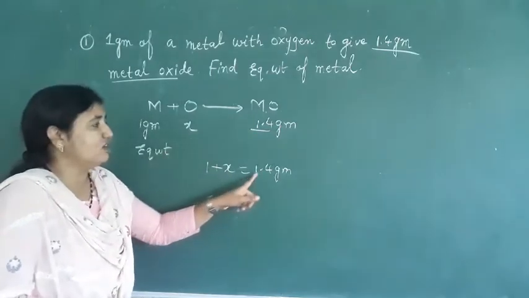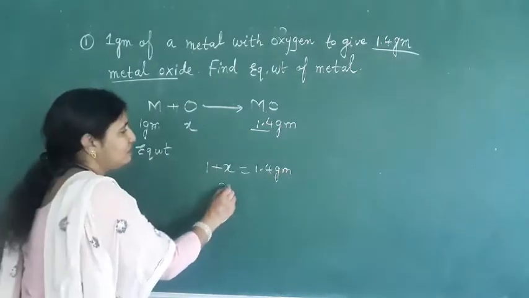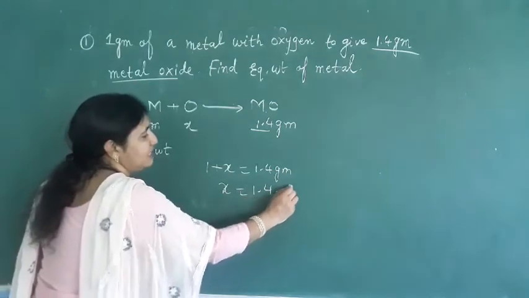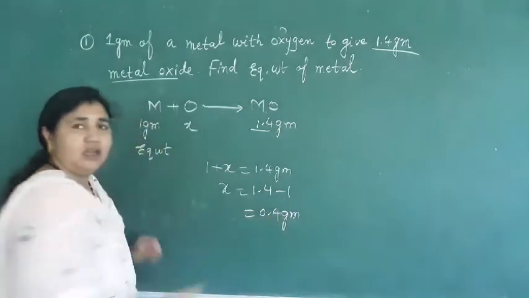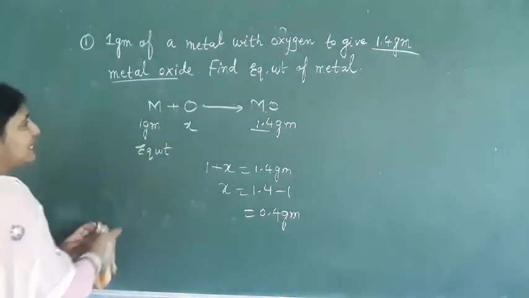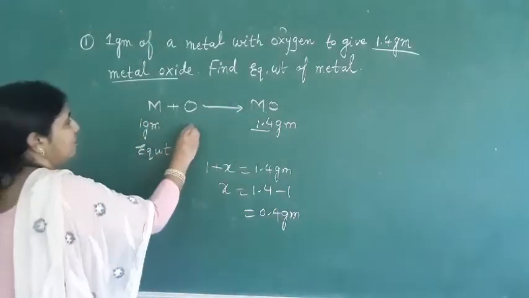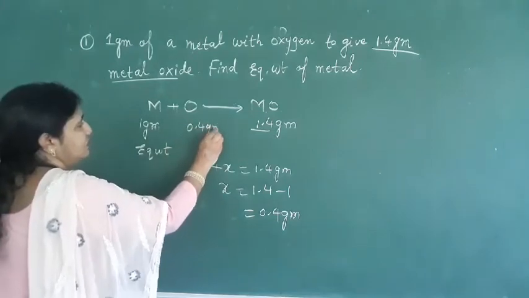So 1 plus x is equal to 1.4 gram. So x will be 1.4 minus 1, which is 0.4 gram of oxygen.